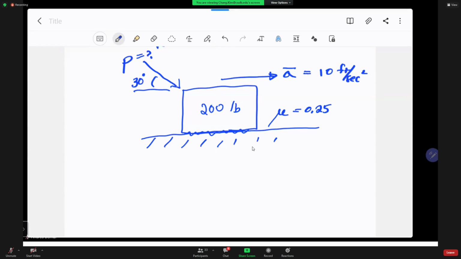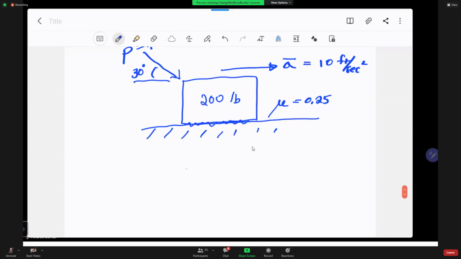Now I'm going to split P into horizontal and vertical directions. Horizontal is P cosine of 30. Vertical is P sine of 30.